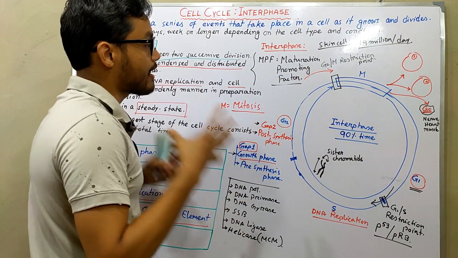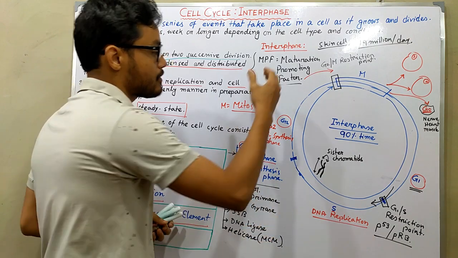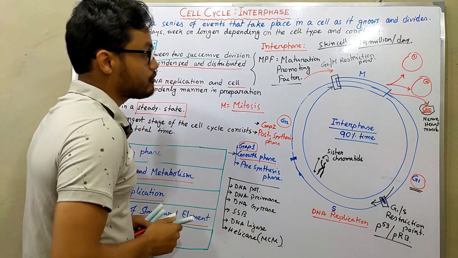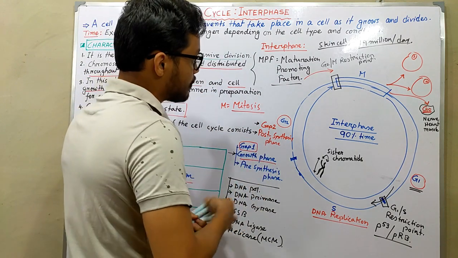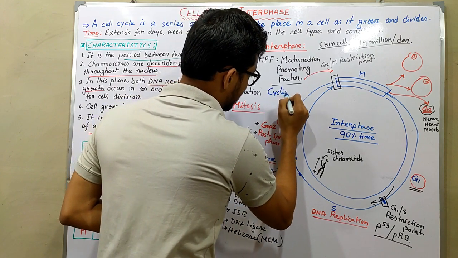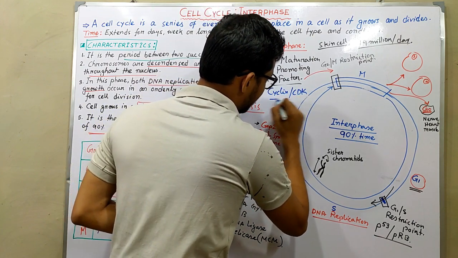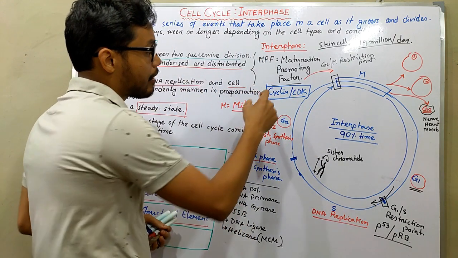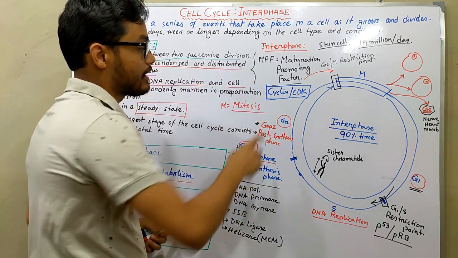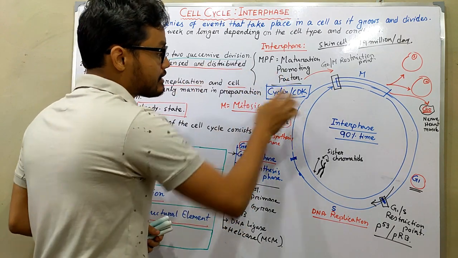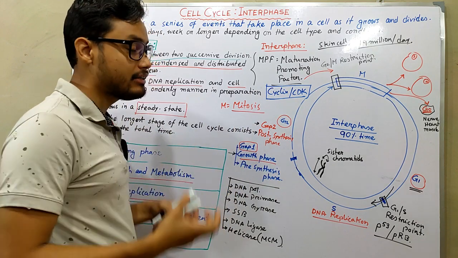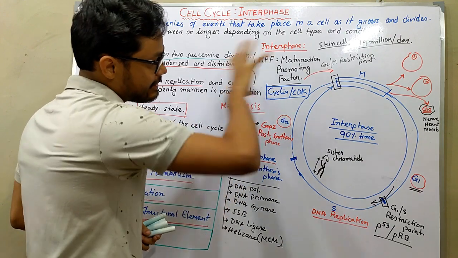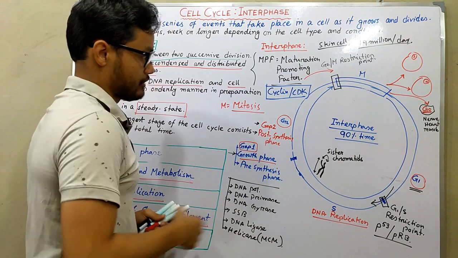MPF is very essential for the cell to pass from G2 to M. It is made up of cyclin and CDK, cyclin dependent kinase. Cyclin is a protein and CDK is an enzyme, a kinase that is totally dependent on cyclins. This is the main thing of the G2M transition.